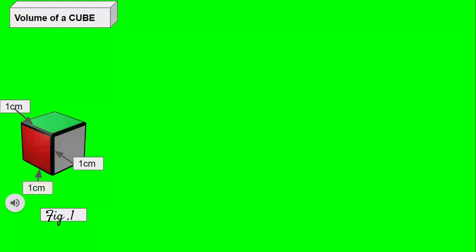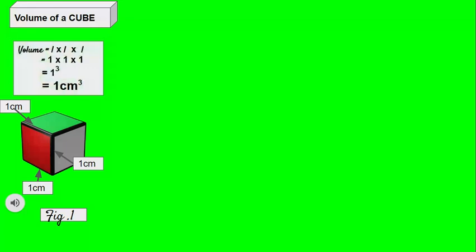Volume is side into side into side. So here all three sides are equal, and for any cube all three sides are equal, isn't it? So what is the volume? 1, that is the length of each side multiplied 3 times, right? So when we multiply 1 three times, we can write it as 1 to the power 3. So 1 to the power 3 is nothing but 1 cube.